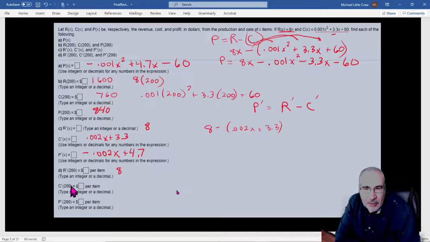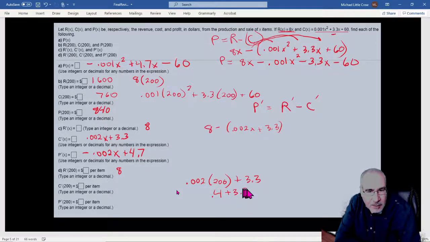The cost, though, at 200, the marginal cost, so we come to the derivative of the cost, that's going to be 0.002 times 200 plus 3.3. So let's see, 2 times 2 is 4. This is 1, 2, 3, 1, 2, 3, so that's going to be 0.4. So if I get my decimals all in the right place, yeah, I think it's going to be 0.4.